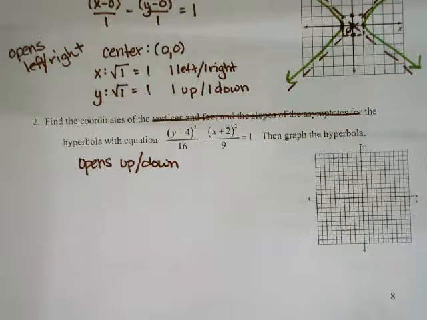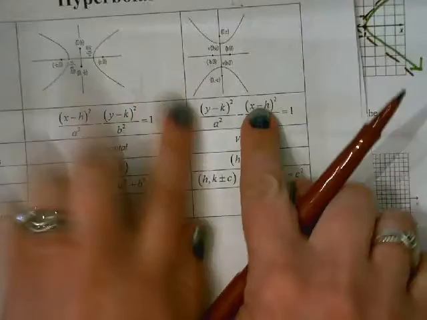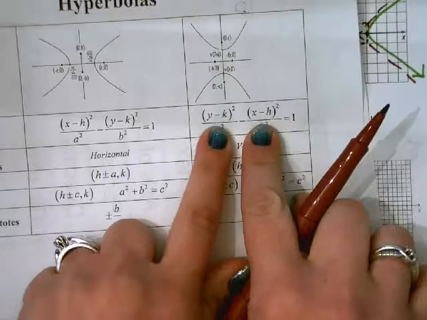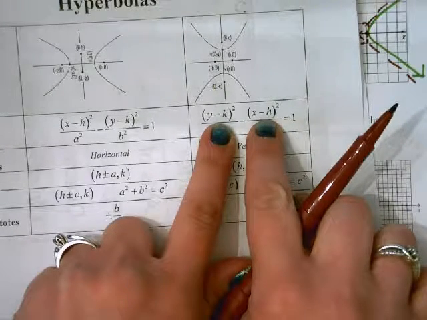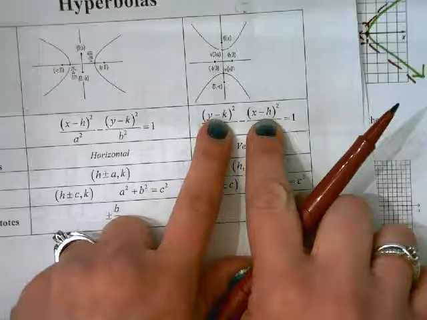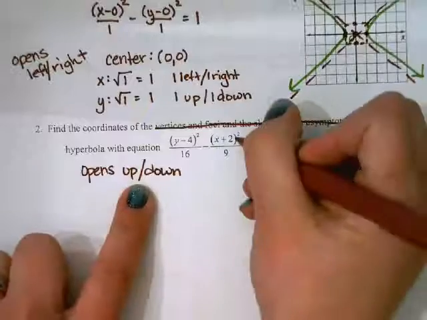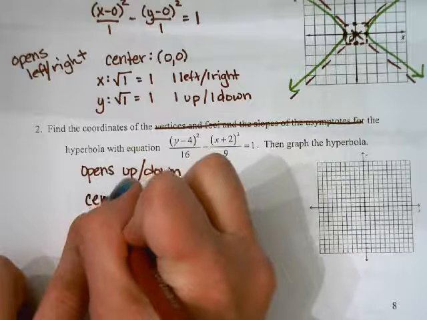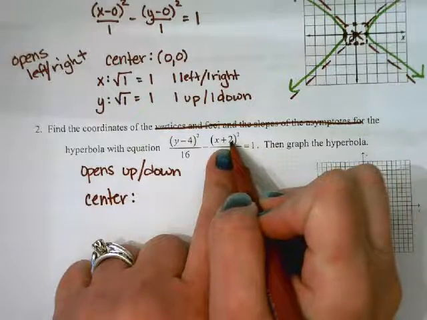Also be careful, because when I list my center, I want the x coordinate first. If you look at your formula sheet, notice that it's always h and k. Well, h is now with x and k is always with y. So be careful when you list your center from this guy, because now my h comes from here.